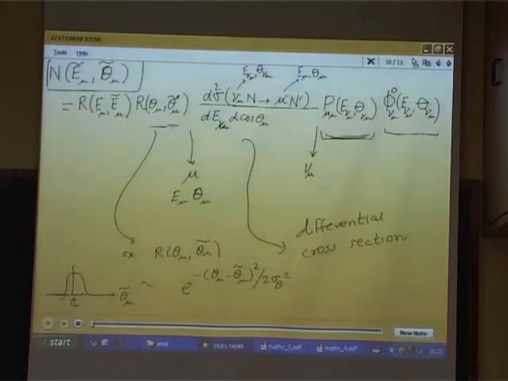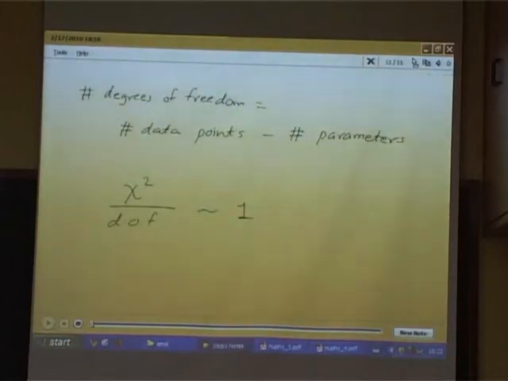This factor depends on two quantities. It depends on delta m square and on the mixing angle theta. So your chi-square is actually going to be a function of delta m square and the mixing angle theta.